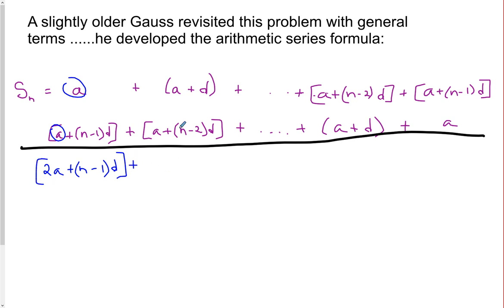For his next one, he found he had two A's, and then he had n minus 2 D's, one less D, but he had an extra D up here. So it ends up being the same.